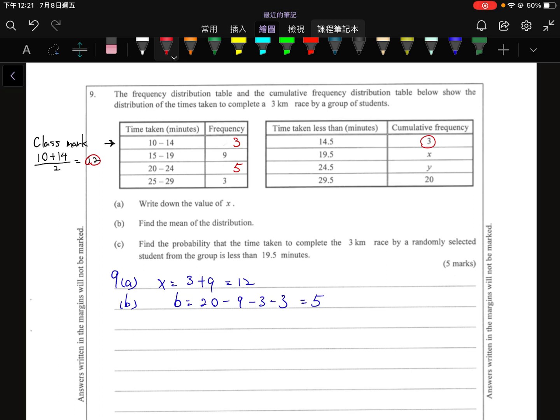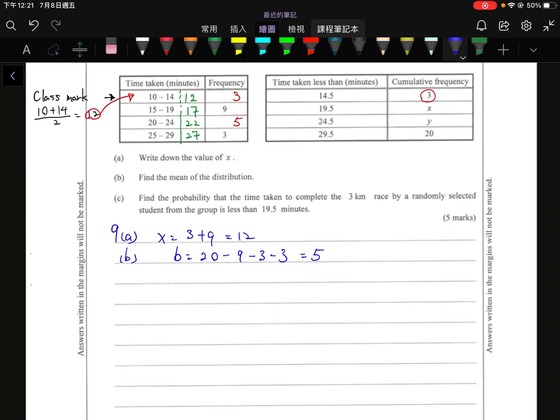This class mark, 12, represents all the data in row 1, group 1. Similarly, I quickly use the green color to write down all their class marks. First group, the class mark is 12. Second group, 17. Then 22. Finally, the last group, the class mark is 27.